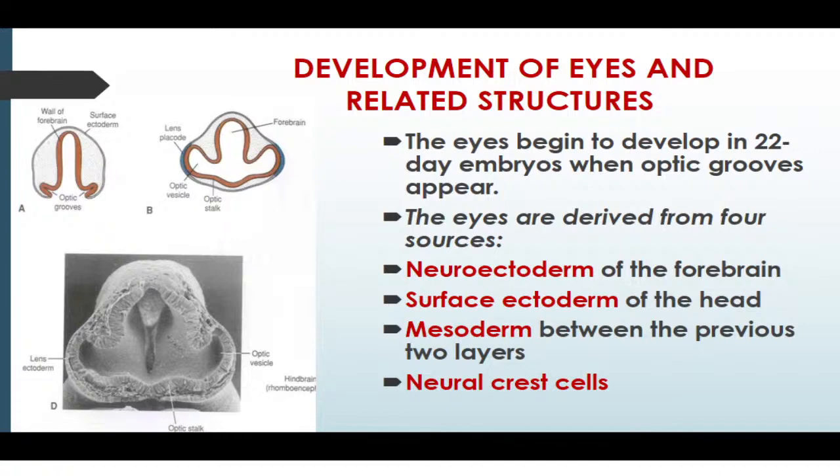The eyes begin to develop on the 22nd day of the embryo, when optic grooves appear in the region of the diencephalon. The 22nd day of embryonic development is the time when the heart starts to beat.